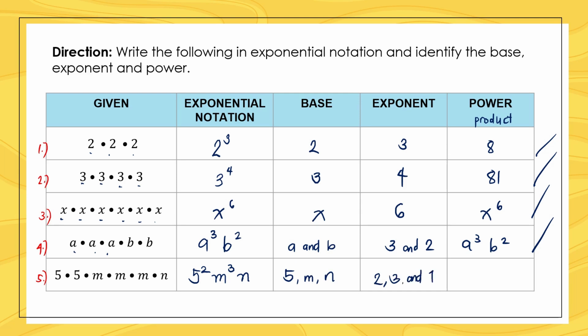Please take note that even if 1 is not visible here on n, there's still an invisible 1 here. That's still an exponent. We do not write the number 1 in your exponent if it is 1. Next, for the power, we have 5 times 5, that is 25. And then copy your variable, m cubed n.